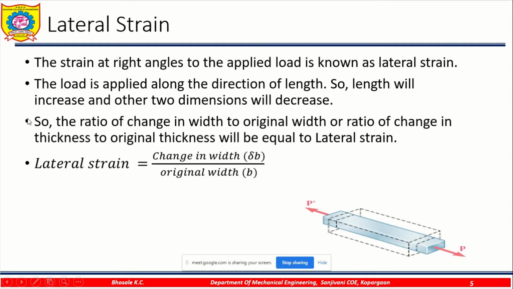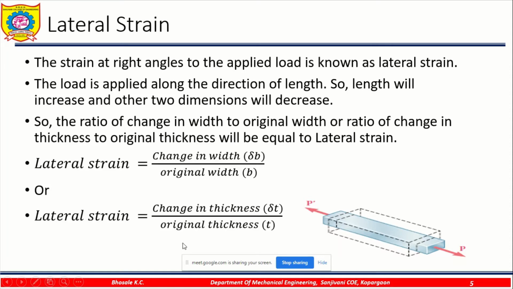So the lateral strain will be equal to change in width upon original width. This can be one formula, or the lateral strain can be found by the formula change in thickness upon original thickness. So this is the definition of the lateral strain. We have seen the axial strain and the second is the lateral strain.